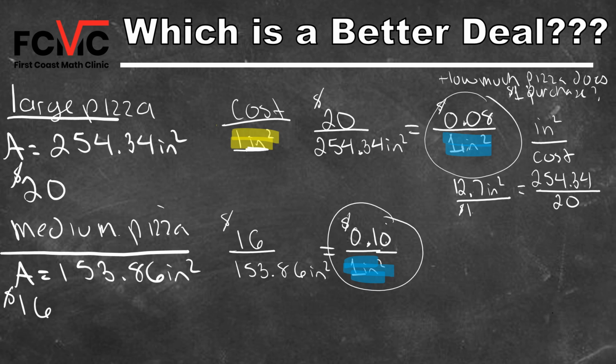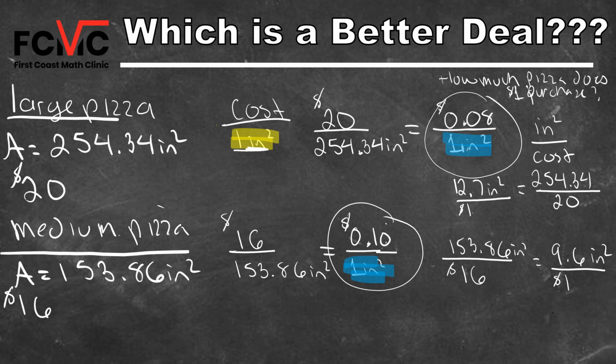Okay, for our medium pizza, if we flip this, right, so $16 and then 153.86 inches squared. If we divide that out, we're going to get 9.6 inches squared over, that shouldn't be inches, should be dollars, over $1, right?